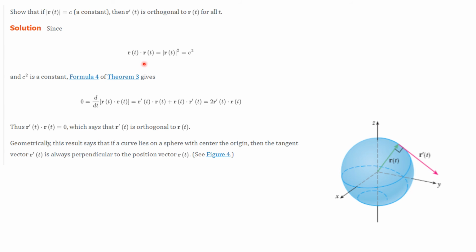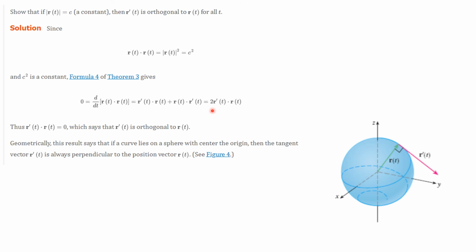Okay, so we're going to use the fact that if the magnitude of r of t is a constant, then if we square it, we get c squared, so we get r dotted with r. So now we can just take the derivative of both sides. Now the derivative of this side is just 0 because the derivative of a constant is always 0, but here I have to take the product rule. So I get r prime of t dot r of t plus r of t dot r prime of t, and that is 2 r prime of t dot r of t.